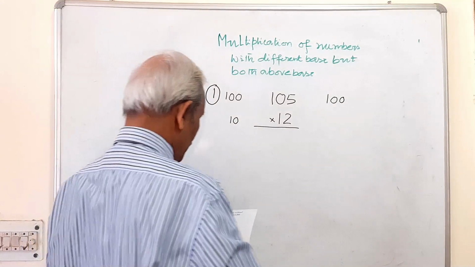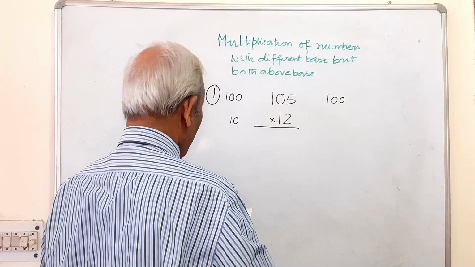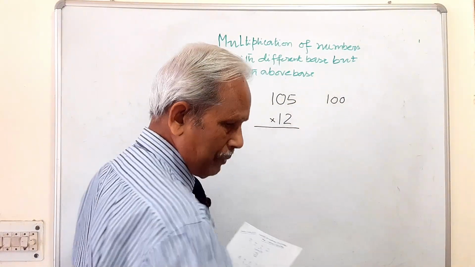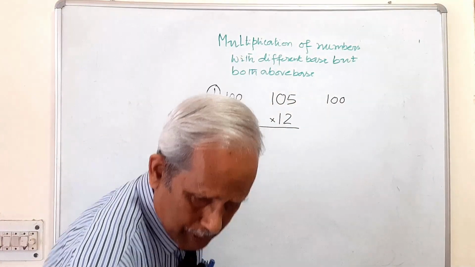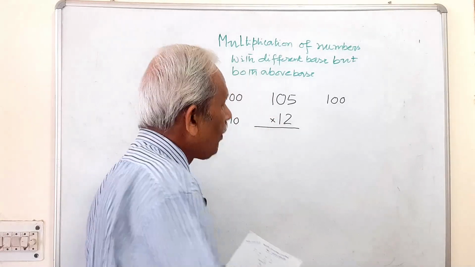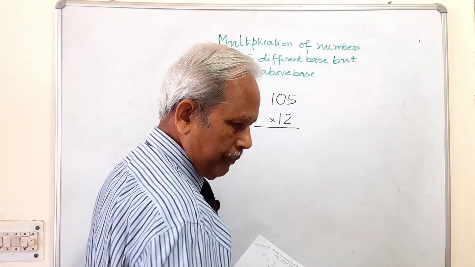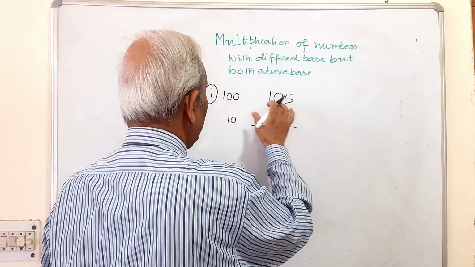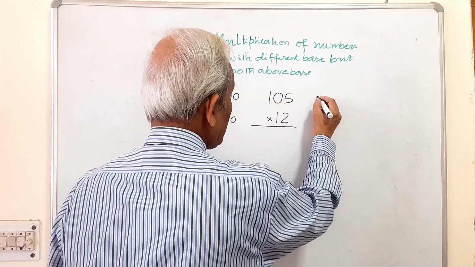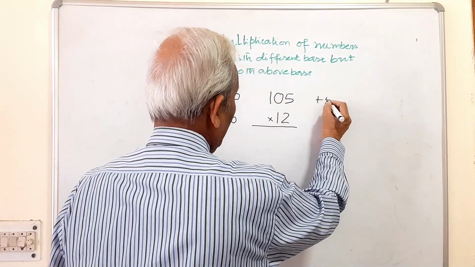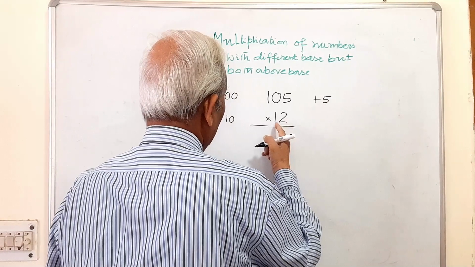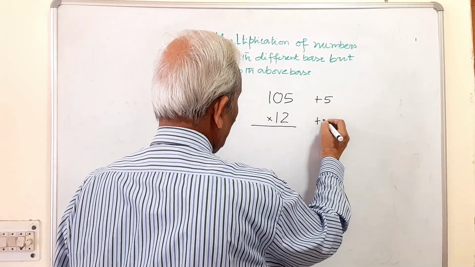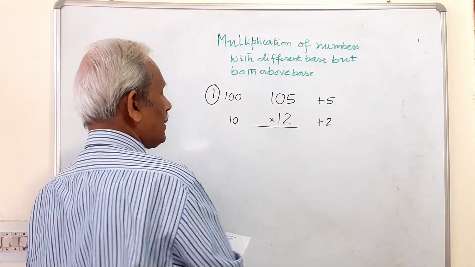So what we're going to do is that the difference of this number from the base, 105 minus 100 is plus 5, and 12 minus 10 is how much? Plus 2. This is the difference.